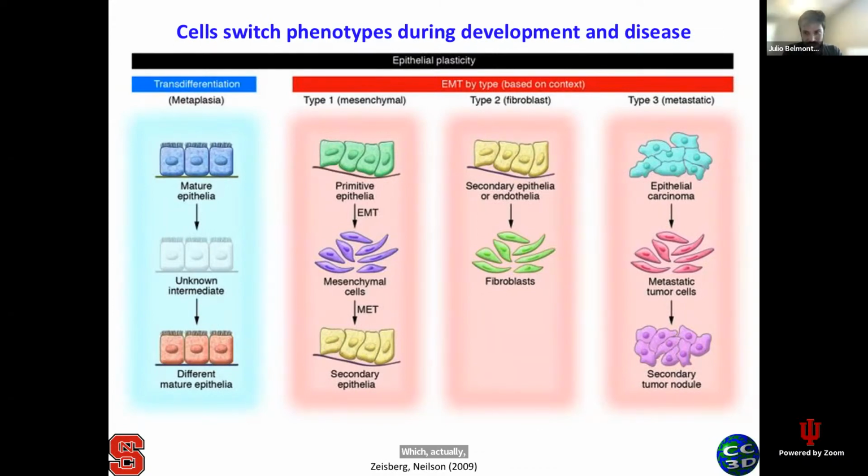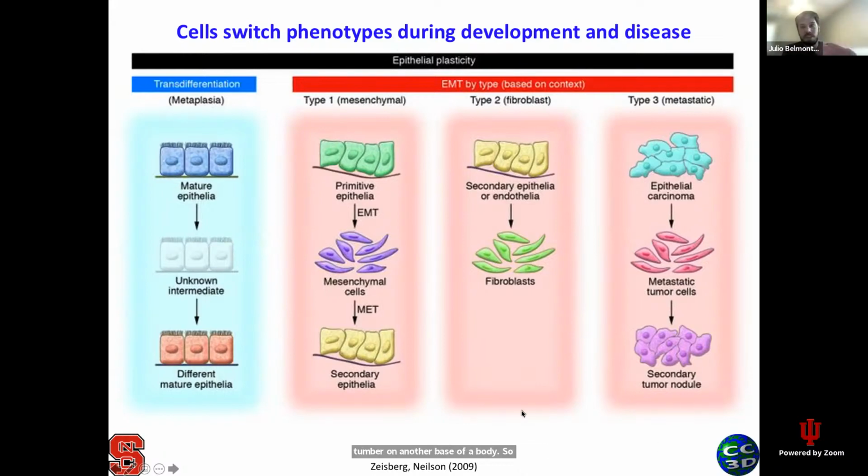They can undergo an epithelial to mesenchymal transition, become a moving cell, a fibroblast or metastatic tumor cell that can move through your body. And the problem is that once it does that, it can revert, just like here, and undergo a mesenchymal to epithelial transition and form a secondary tumor in another place of the body.